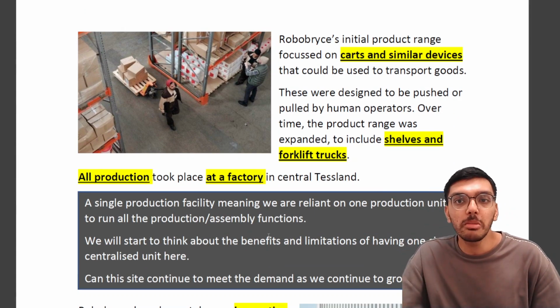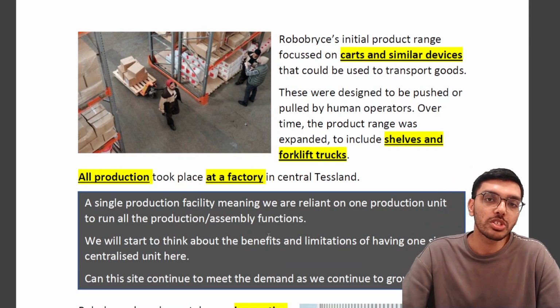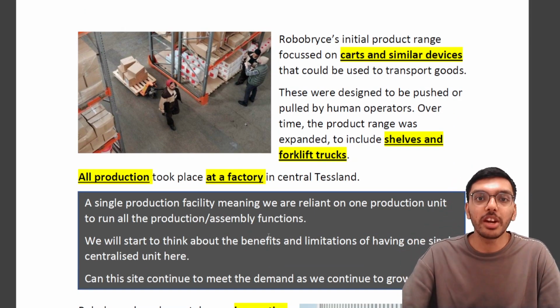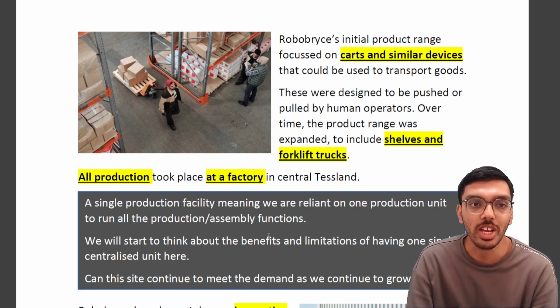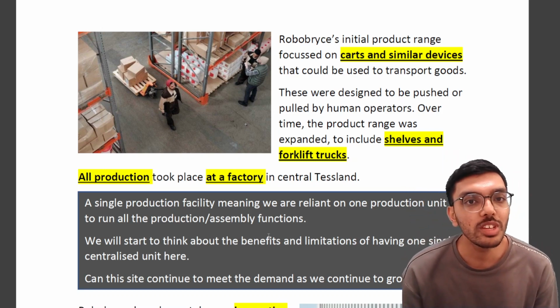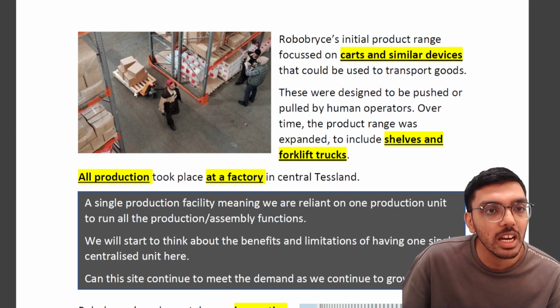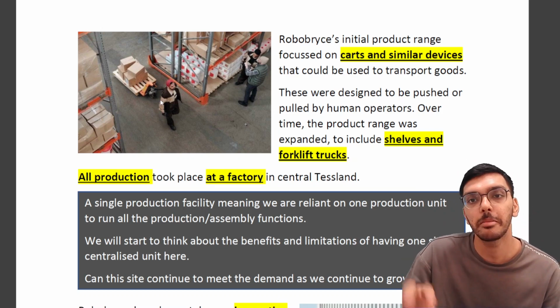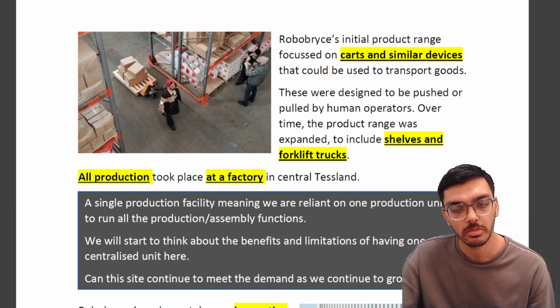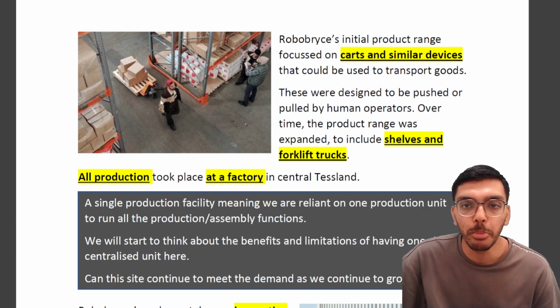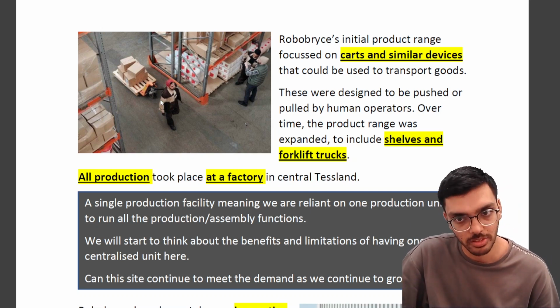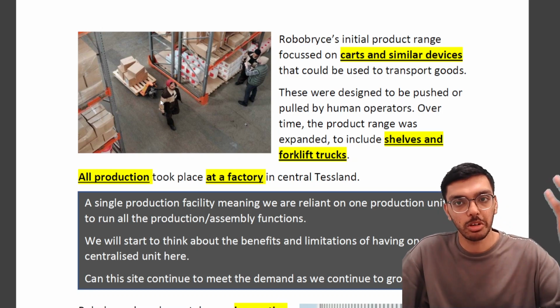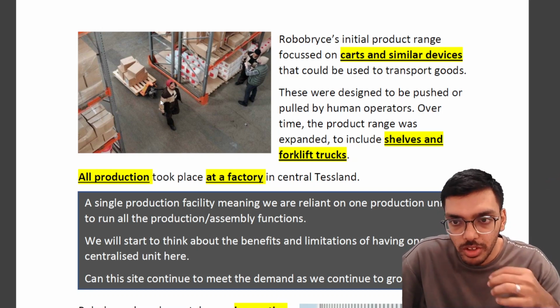Robobryce's initial product range focused on carts and similar devices that could be used to transport goods. So if you see the image here, traditional carts were made by us initially. These were designed to be pushed or pulled by human operators. Naturally, in the 1970s, this was the trend.